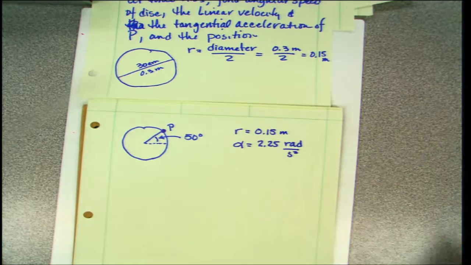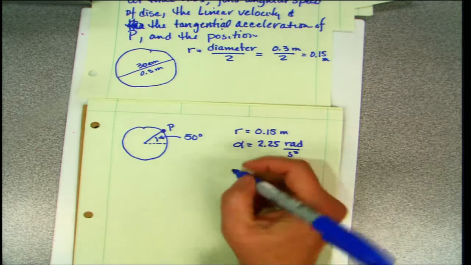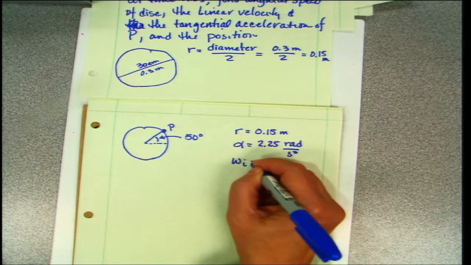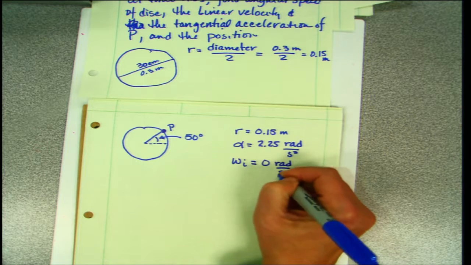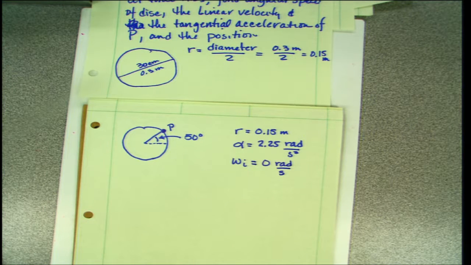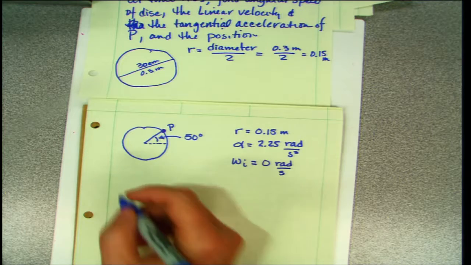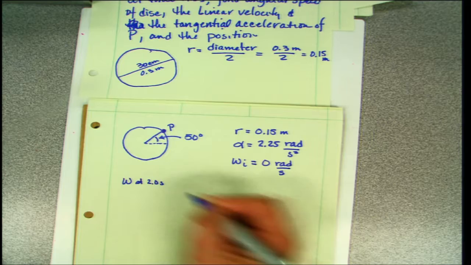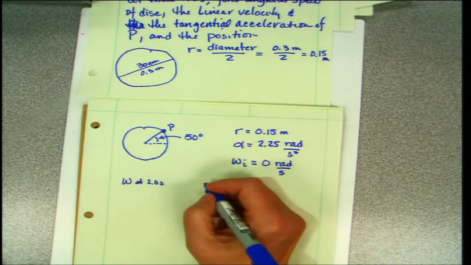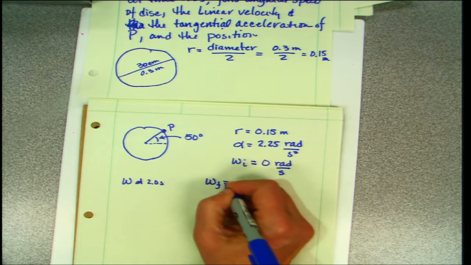So the first thing we want to find is the angular speed of the disc at 2 seconds. I've got a toolkit, just like I've had before. Omega final is equal to omega initial plus alpha t. I have my change in angle is equal to omega initial times time plus 1/2 alpha t squared. And I have omega final squared is equal to omega initial squared plus 2 alpha times my angle.